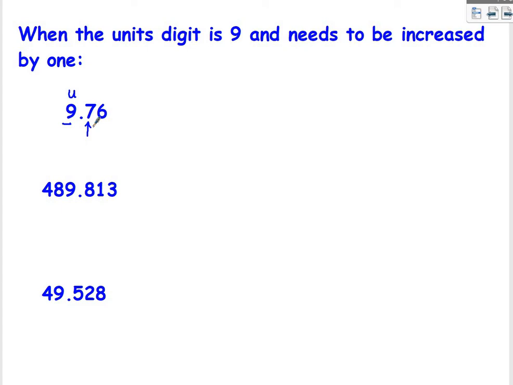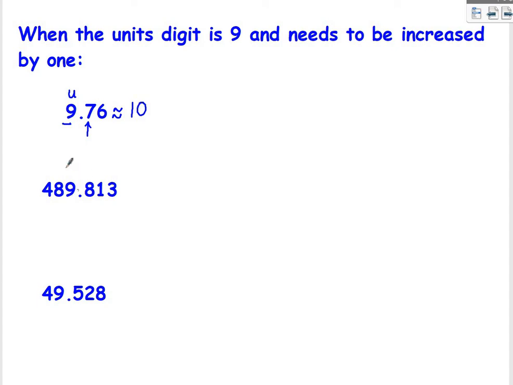Because the value after the decimal point is a 7, we need to increase the 9. So if we increase 9 by 1, it becomes 10. So 9.76 to the nearest integer or whole number is 10.